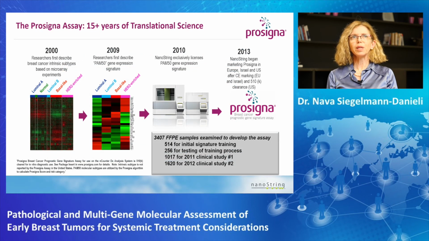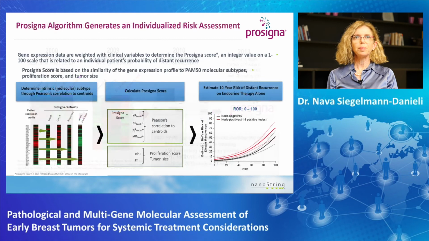And I will briefly go over the Prosigna assay. The Prosigna assay tries to look at the intrinsic subtype, originally developed in the 2000s with hundreds of genes, and then they tried to use a lower number of genes and ended with 46 genes.